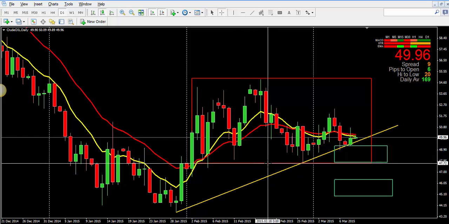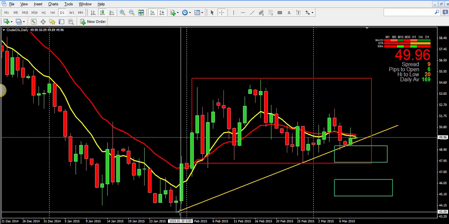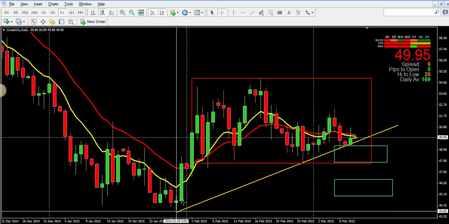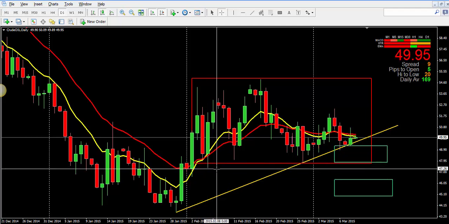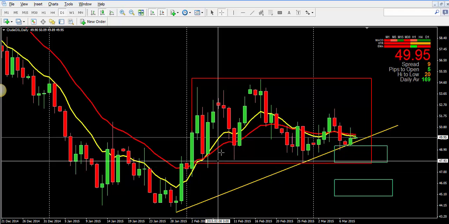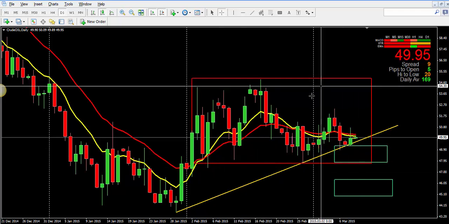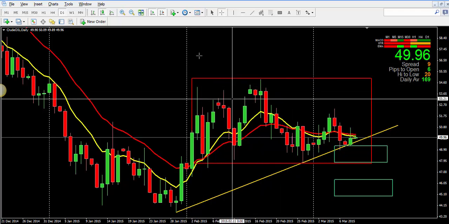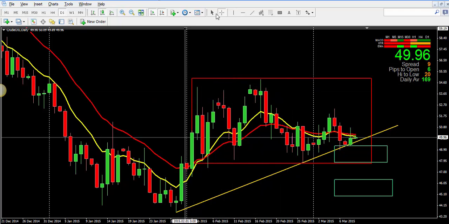What we understand by this is that the sellers here quit, and buyers and sellers have now agreed that the current fair trading price for oil is above $47 a barrel. You can see whenever the price comes down, it goes up from this area.